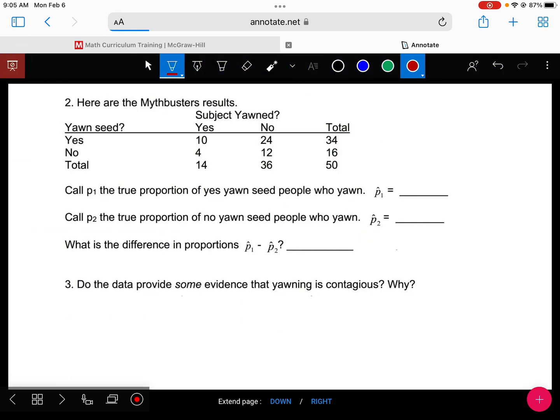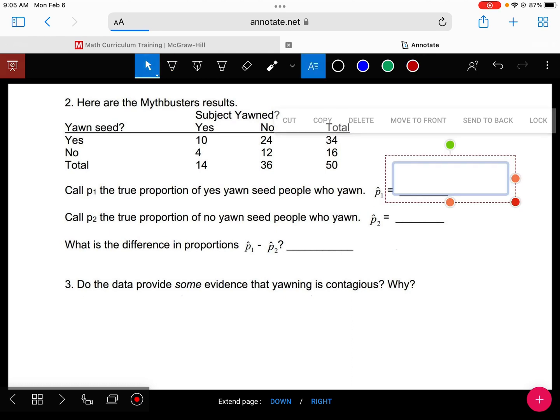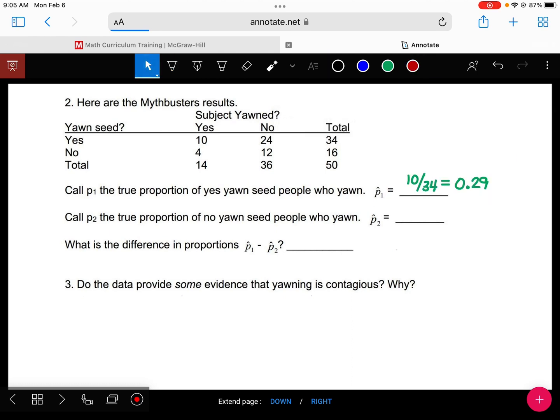All right, so that gets us right here. The true proportion, or we're going to call P1 the true proportion of yes yawn seed people who yawn. P1 hat then would be from our group 1. Is P1 hat the same as P1?